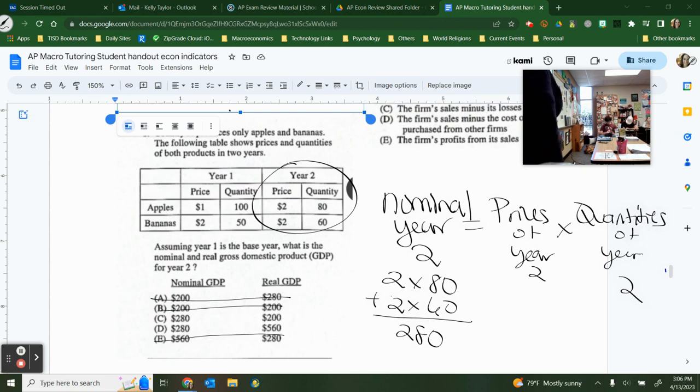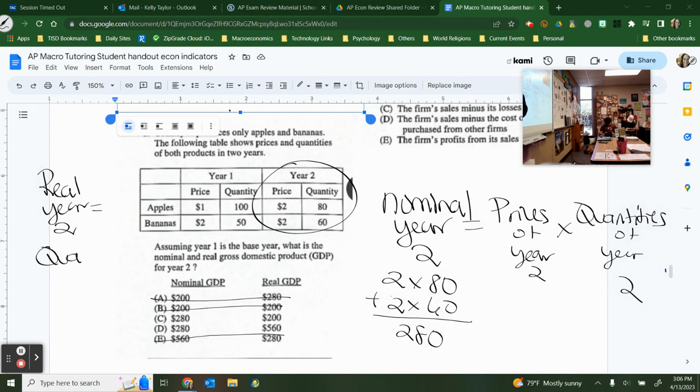But if we're talking about real, the equation for real, so let's say real of year 2 is going to be equal to still the quantities of year 2, but this time times the prices of the base year, which happens to be year 1 because there's only one other year, and it also says year 1 is the base year.